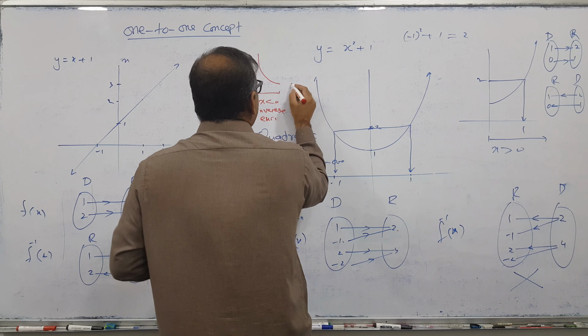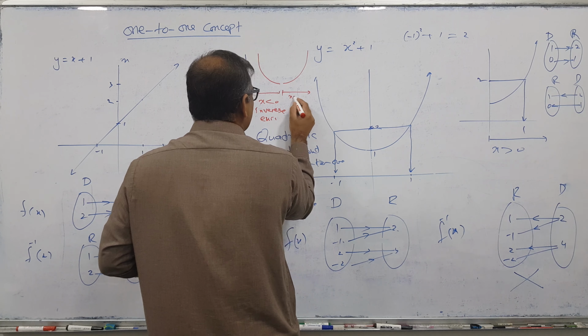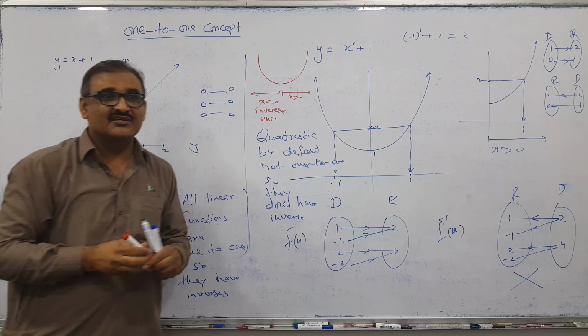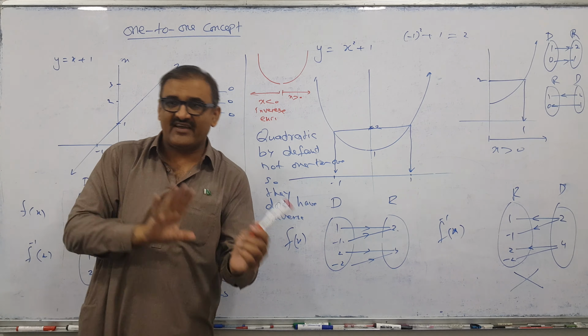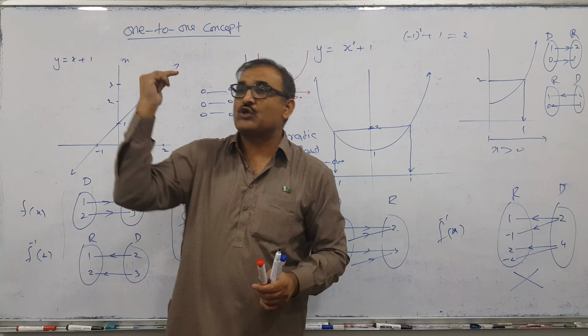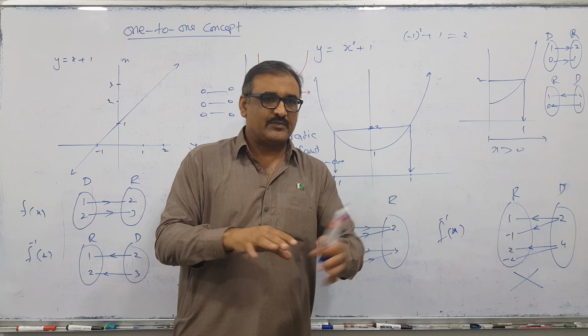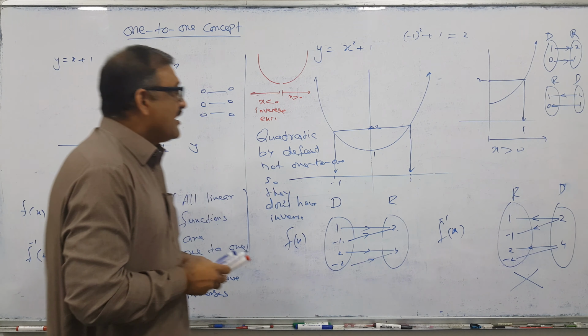Or, second option, if my graph starts from 0 and moves forward, so x is bigger than 0, the inverse exists. So if I have one part of the graph, before or after the turning point, I have to stop my graph at the turning point. This is the rule for the inverse to be possible. Otherwise the inverse is not possible.